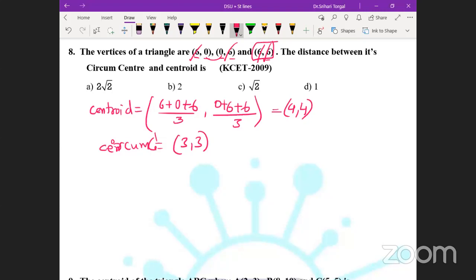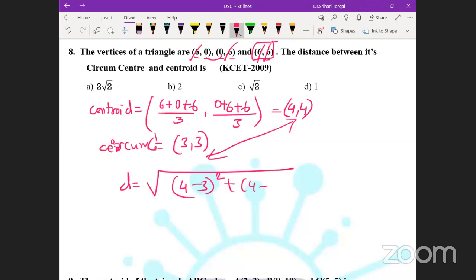Then what is the distance between 3, 3 and 4, 4? It is root of 4 minus 3 whole square plus 4 minus 3 whole square. It is equal to root 1 plus 1, root 2. Option C is the right answer.